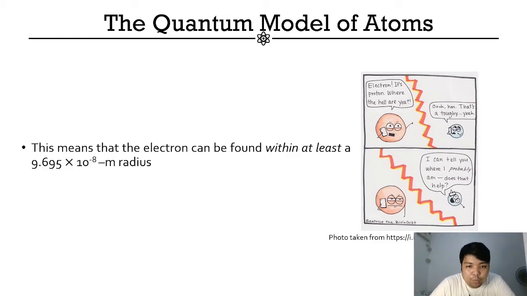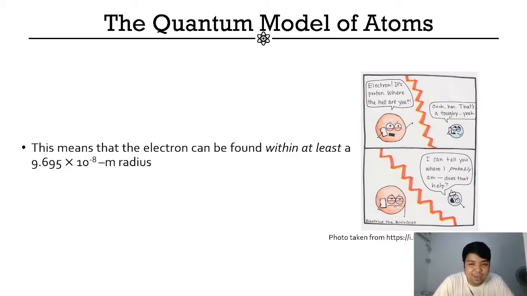Okay, so imagine that the electron is roaming around a circle with a radius of at least 9.69 times 10 to the negative 8th meter. It can go bigger, it can go beyond that.